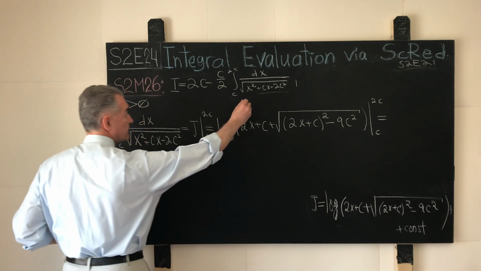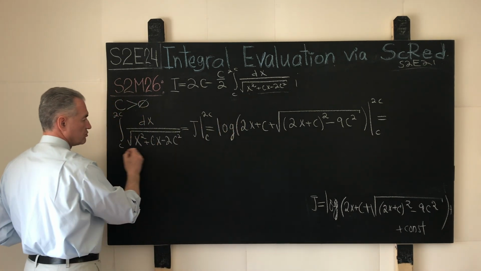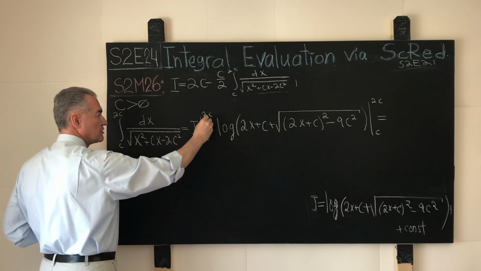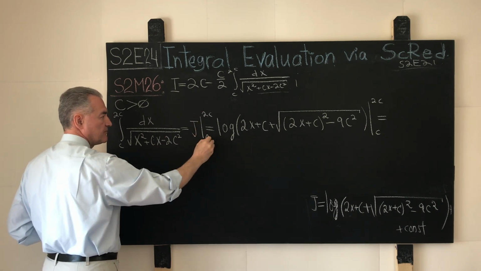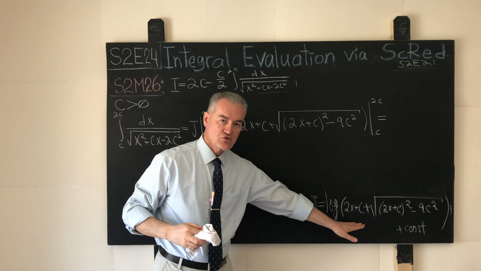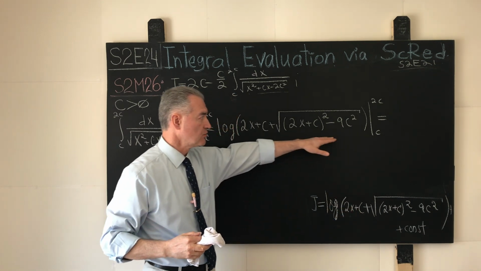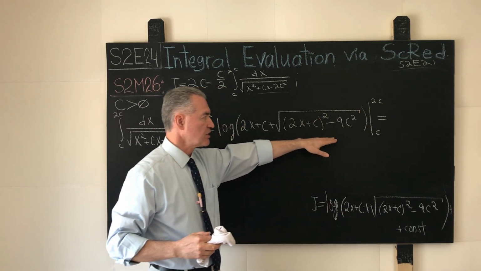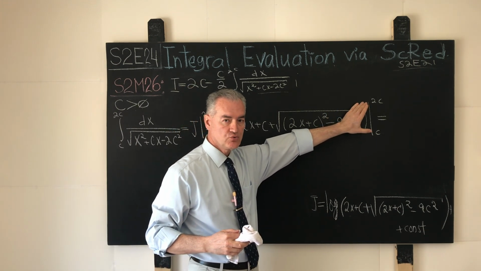So that means that the value of this integral, I rewrote it over here, is our integral j evaluated between the boundaries of 2c and c. Here I simply wrote down the expression shown over here so that we all see what is going on. And as the final step, we need to evaluate this expression at two endpoints, 2c and c.